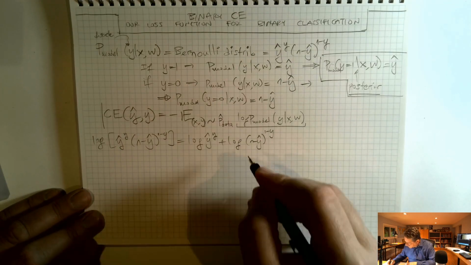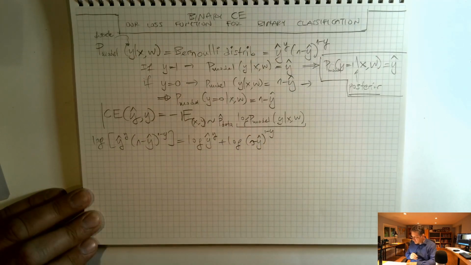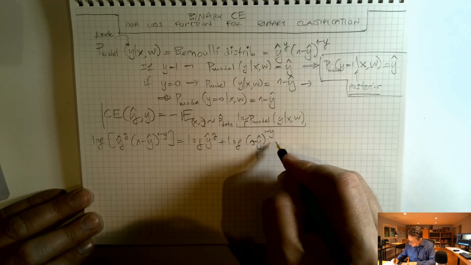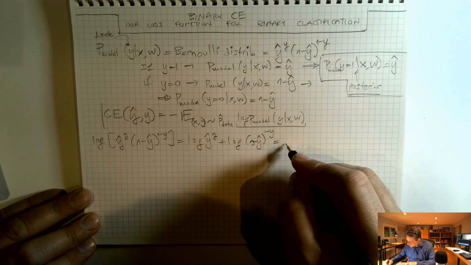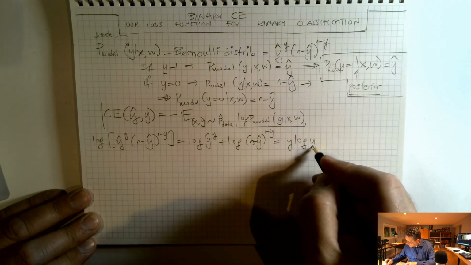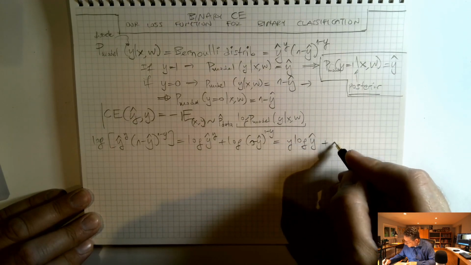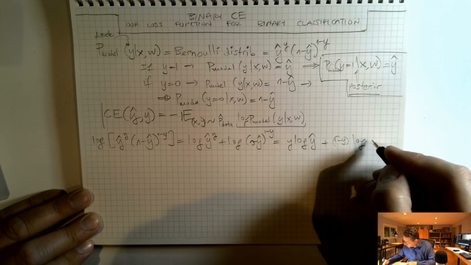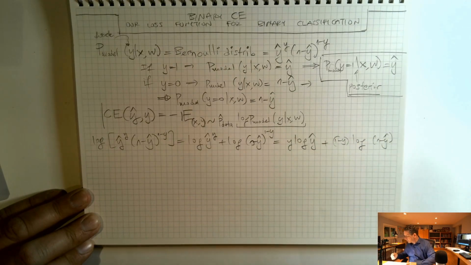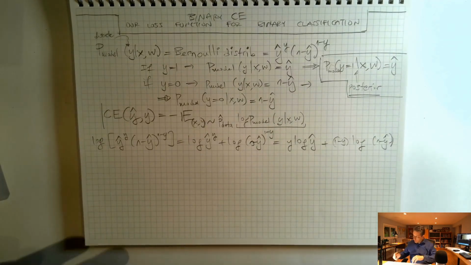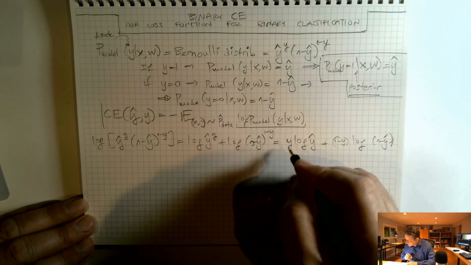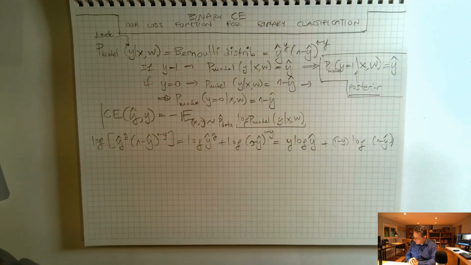This makes use of the identity that the log of a product is the summation of the logs, and uses another identity. This is y log of y hat plus 1 minus y log of 1 minus y hat. And for those who remember the discussion of entropy, we have seen an identical kind of term in the binary entropy graph during the coin tossing experiment.